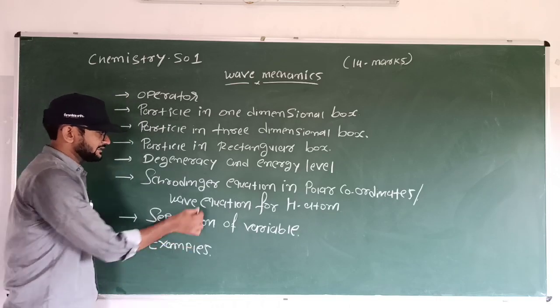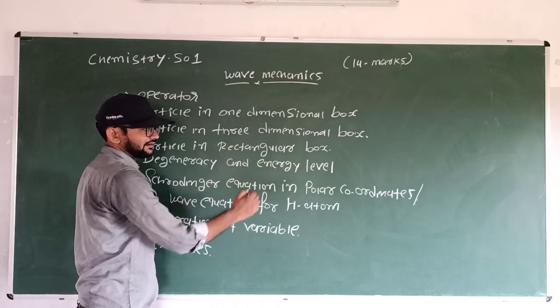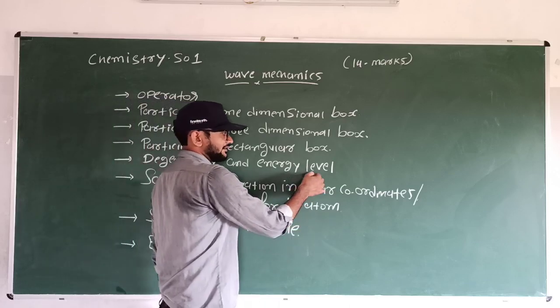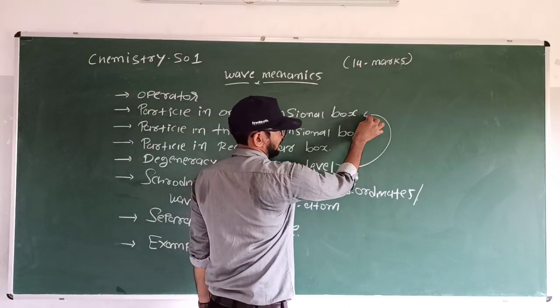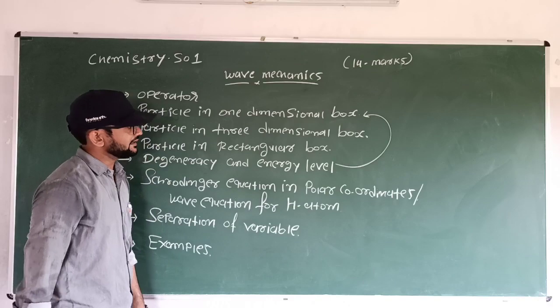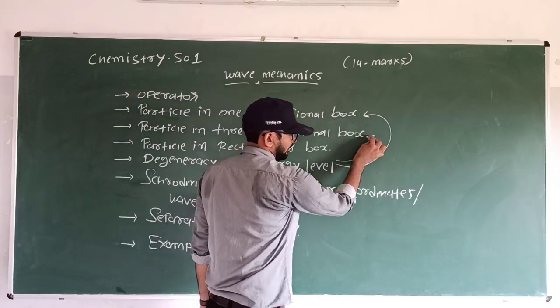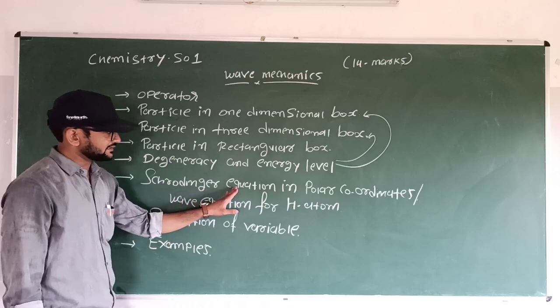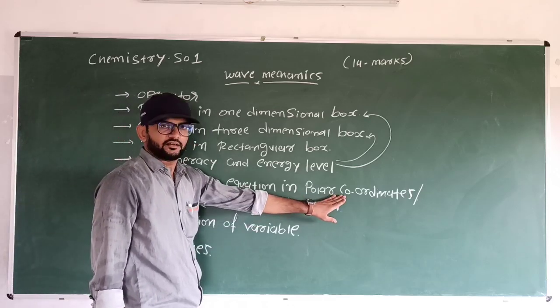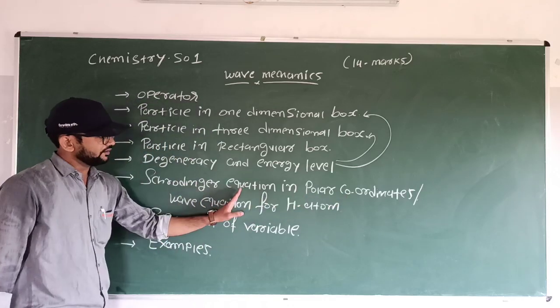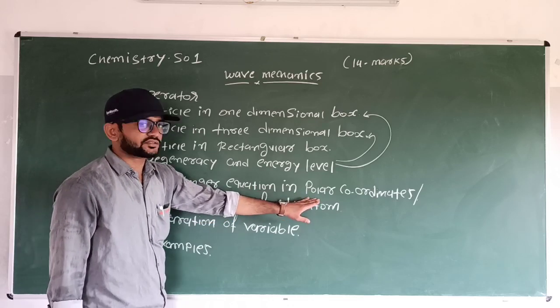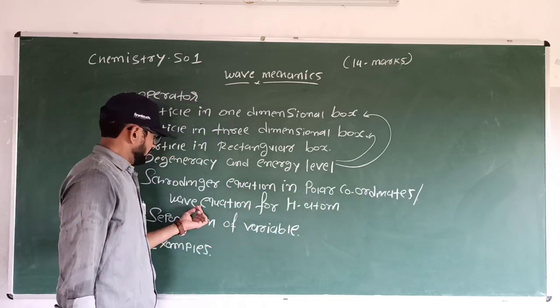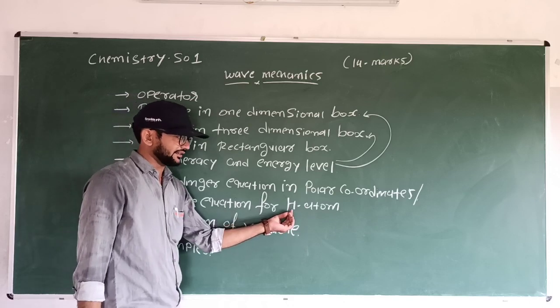And next, degeneracy and energy levels, in one dimensional as well as in three-dimensional box. Then after, Schrodinger equation in polar coordinate. Schrodinger equation in polar coordinate is also known as the wave equation for hydrogen atom.